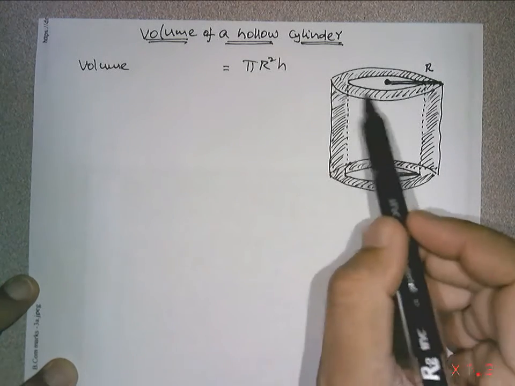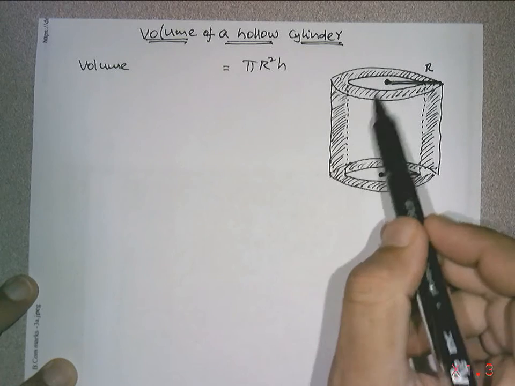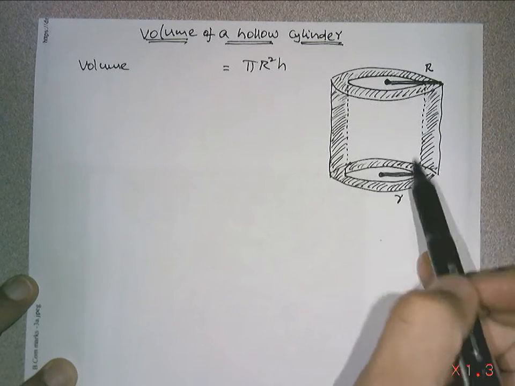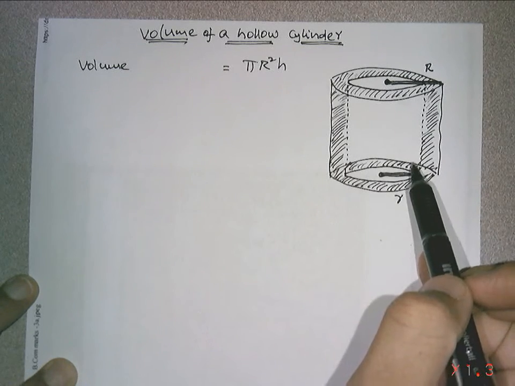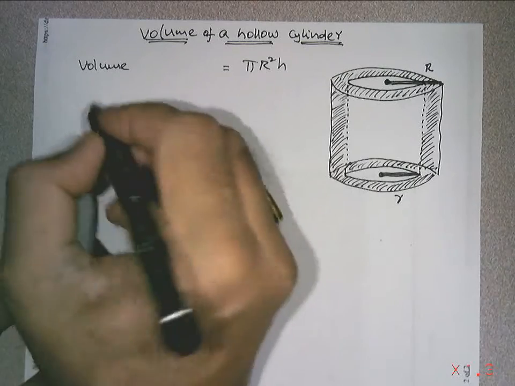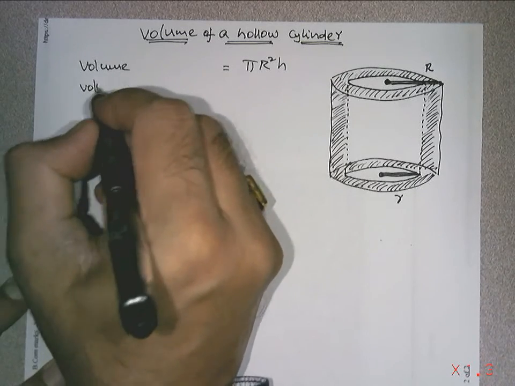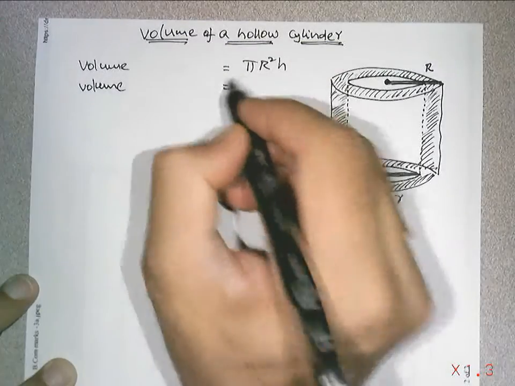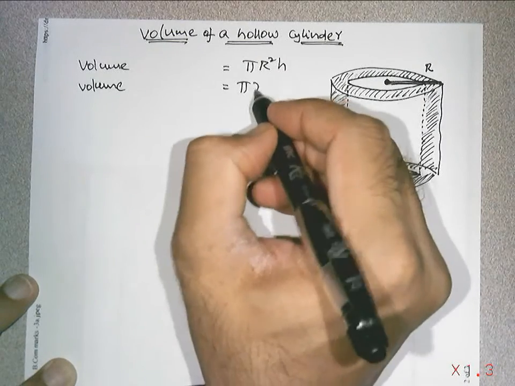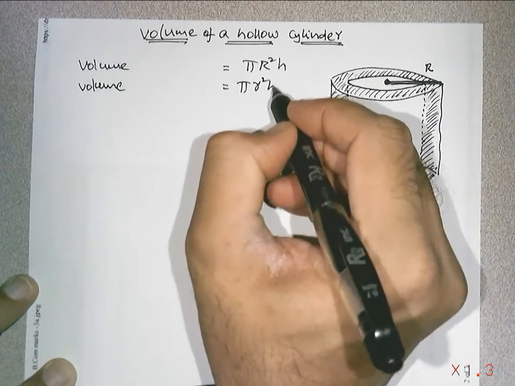The inner shape which was carved and removed is also a cylinder. So what is the volume of that cylinder? The volume of the inner cylinder is pi small r square h.